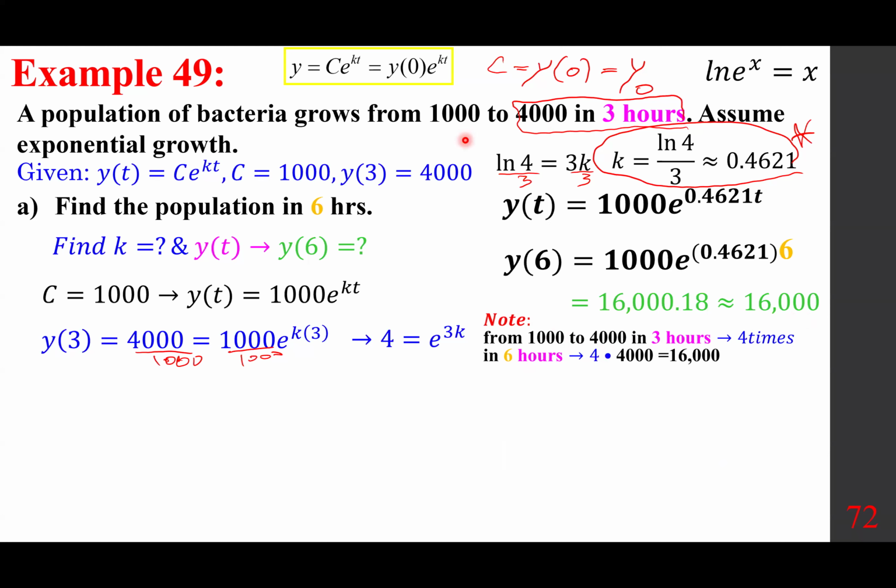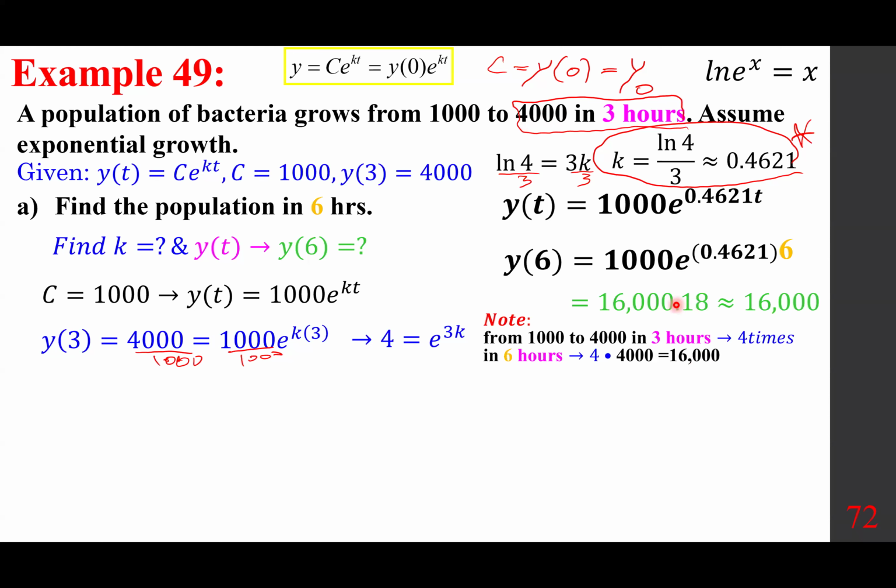Because 6 is 2 times 3. If you go with this, you might say there's an easier way I can figure it out, but we have to do math. It gets 4 times in 3 hours, so every 3 hours, times 4. So whatever we have here, 3 hours later, times 4, 16,000. And this is the exact answer.